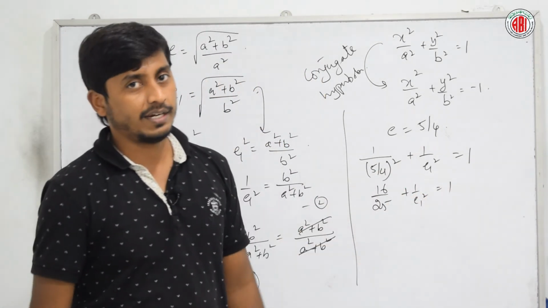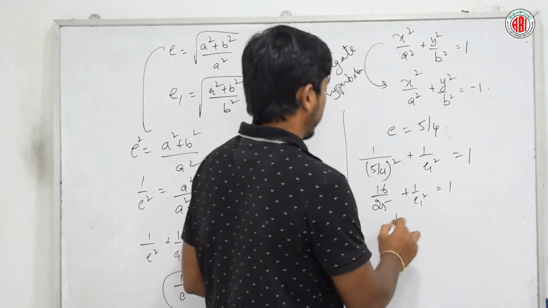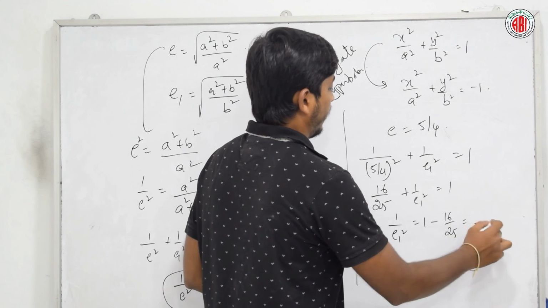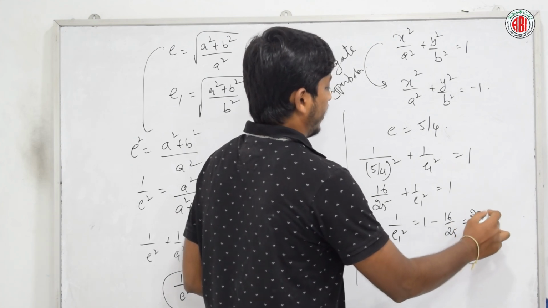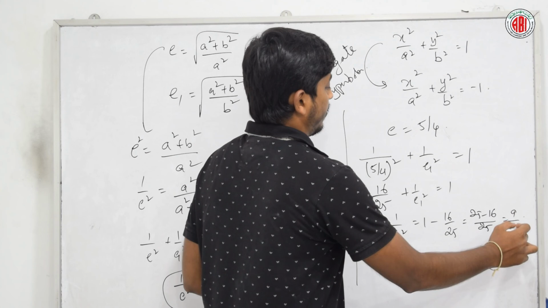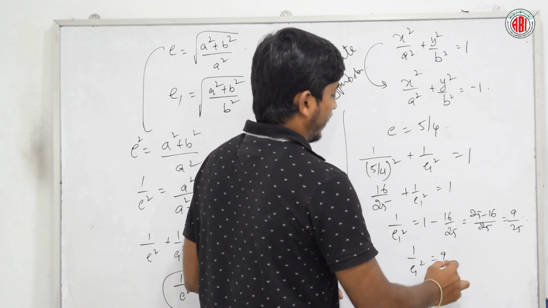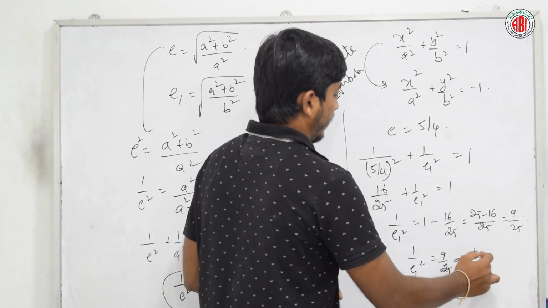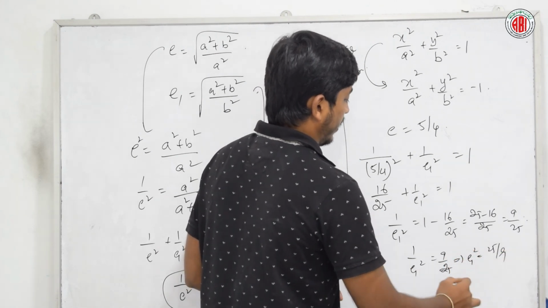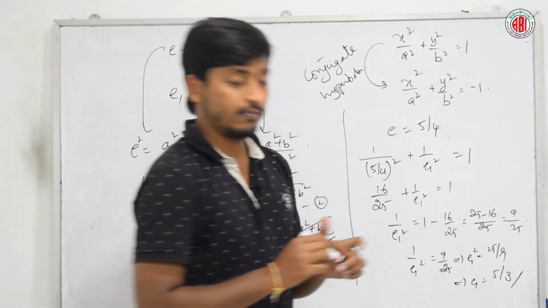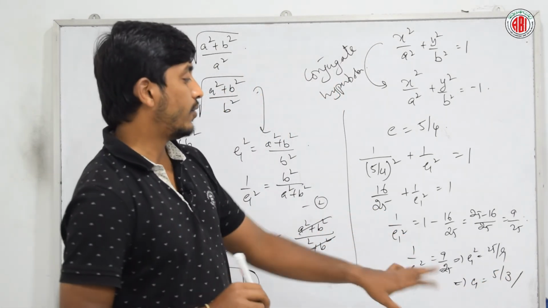Let us send this 16 by 25 to that side. That is 1 by e1 square is equal to 1 minus 16 by 25. LCM is 25. 25 minus 16, which is 9 by 25. 1 by e1 square is 9 by 25. e1 square is 25 by 9. e1 is 5 by 3. Is it right? Did you understand?